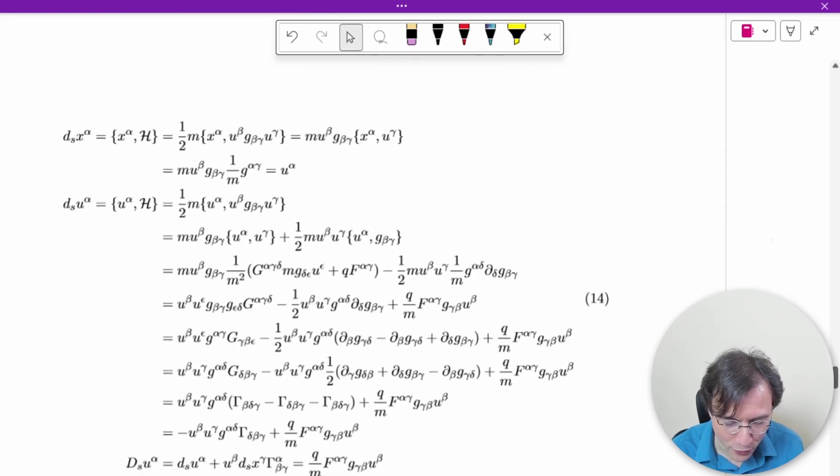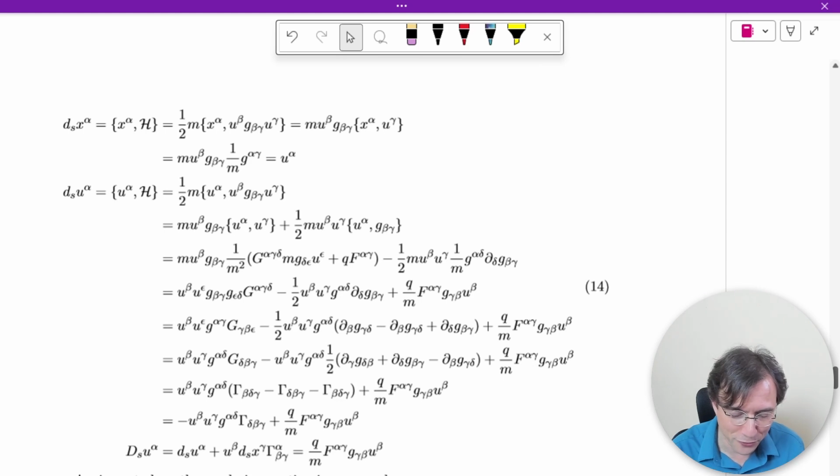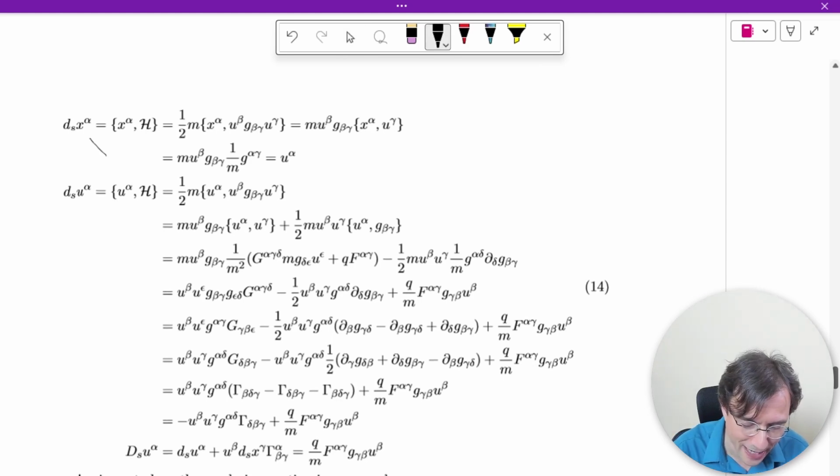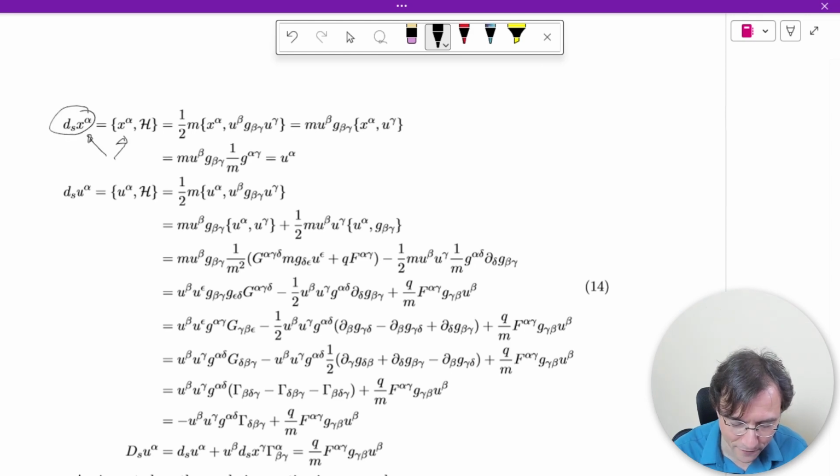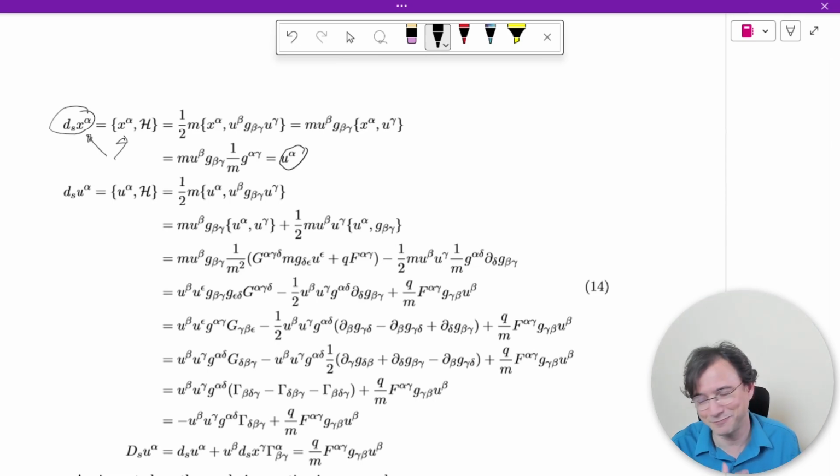Again, as before, you can use the Poisson brackets to get the laws of motion, and you are going to find that the change of x alpha in proper time is the four-velocity, which makes sense, it's what you would expect.